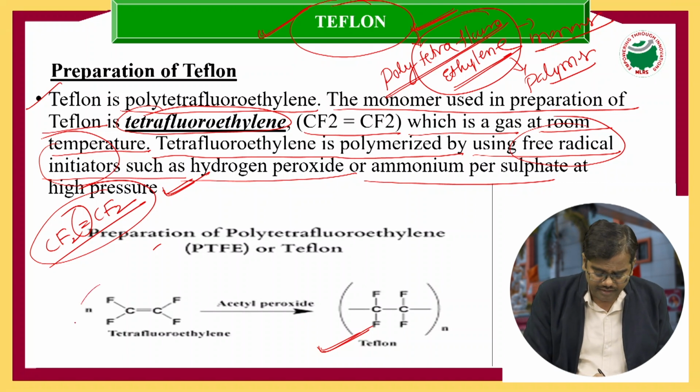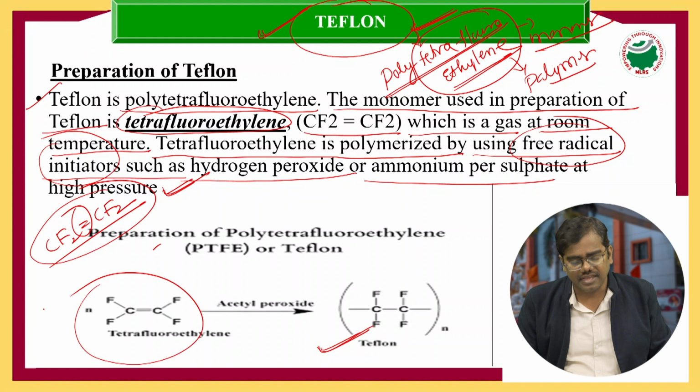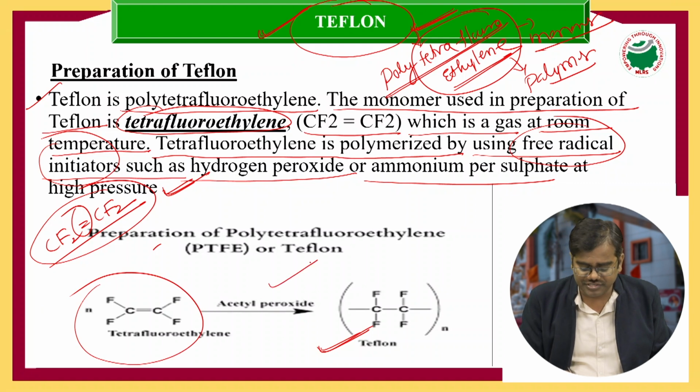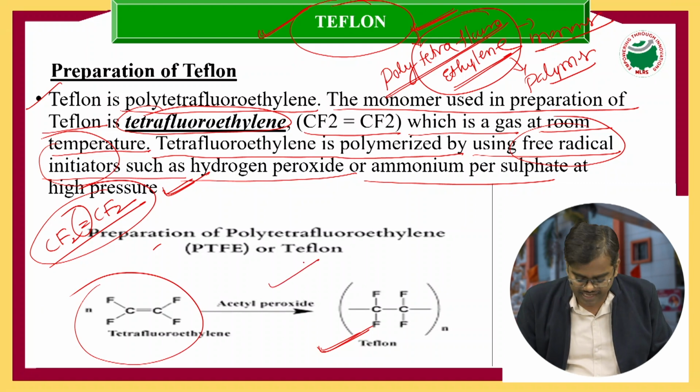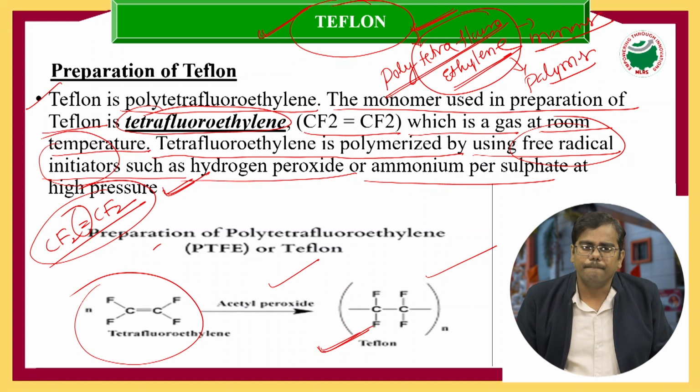So here tetrafluoroethylene in the presence of acetyl peroxide as an initiator finally leads to the formation of Teflon. So Teflon we can prepare from tetrafluoroethylene, which acts as a monomer in the presence of initiators, room temperature and high pressure.